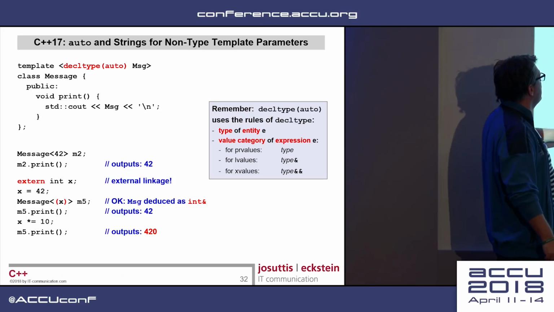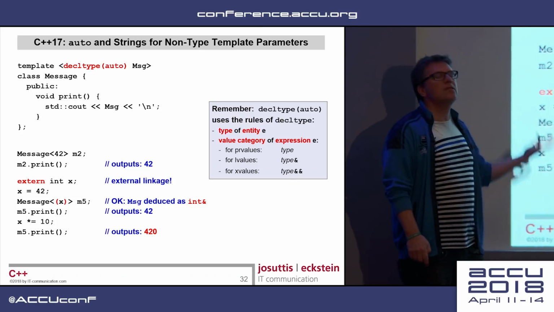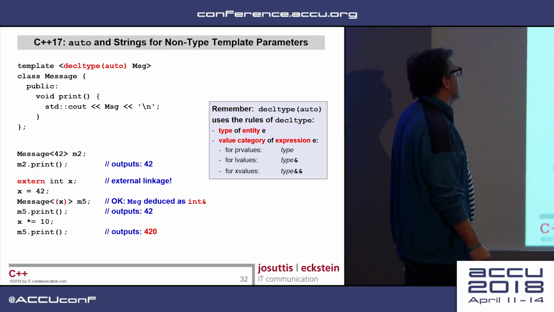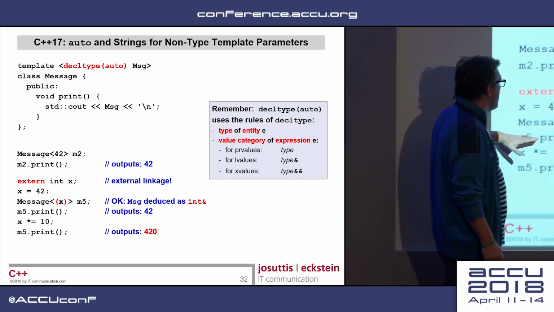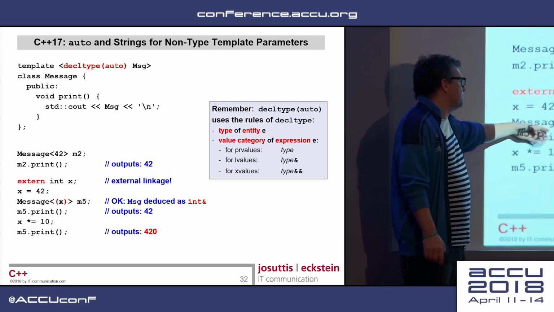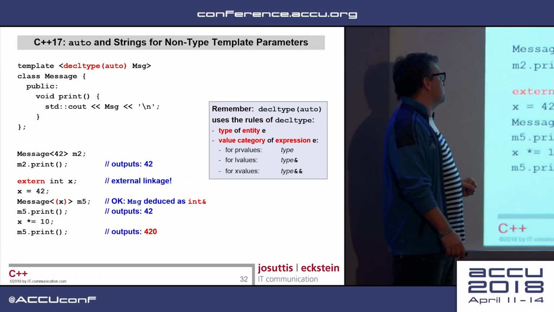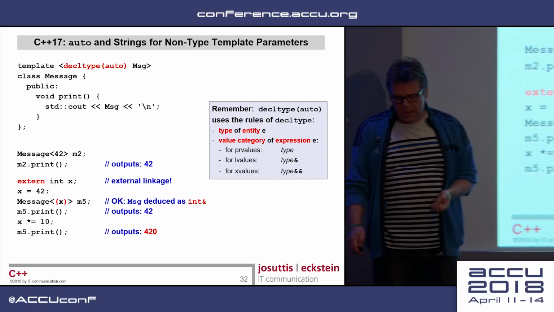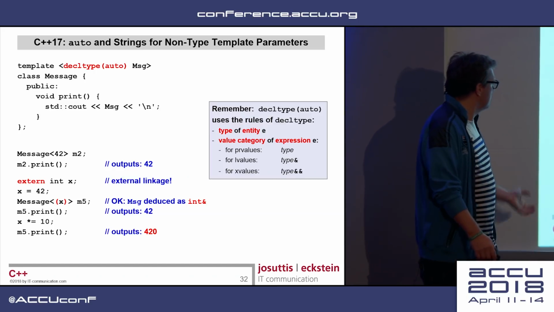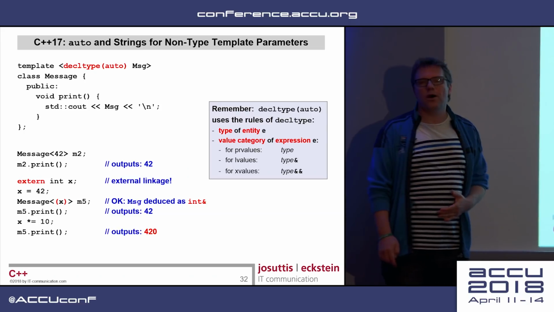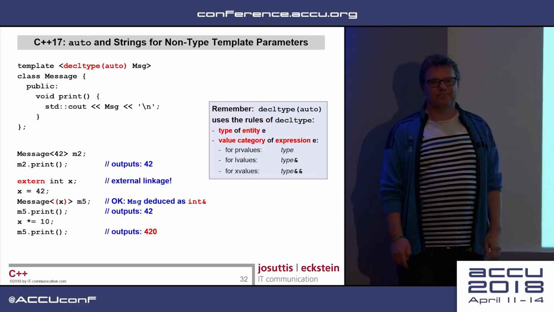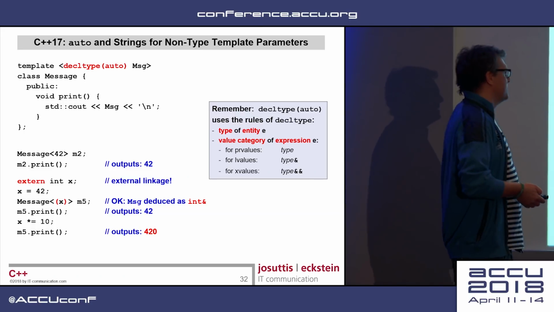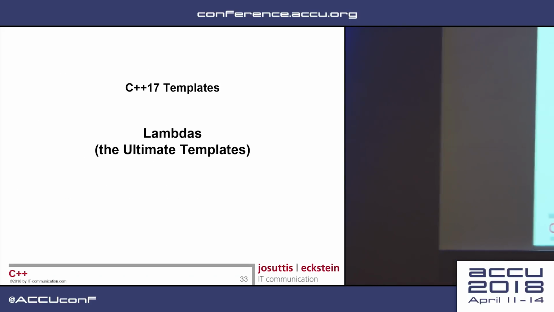So you instantiate this template for int reference. Which means if you then print out any message here, it is 42, but if afterwards you take the argument times 10, it will output 420. You like that, huh? Okay.